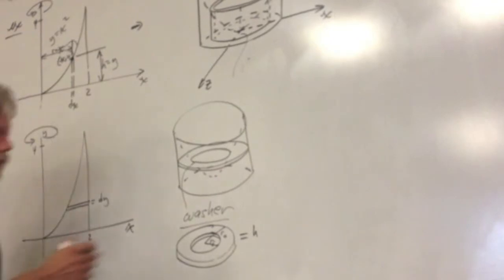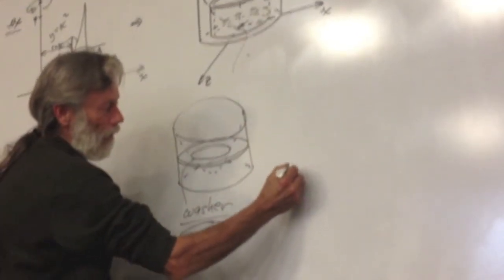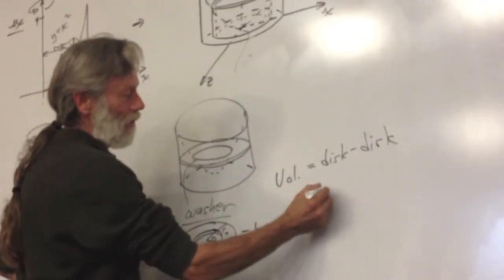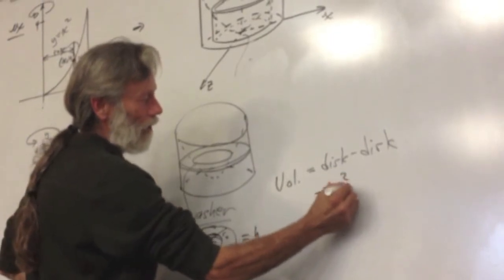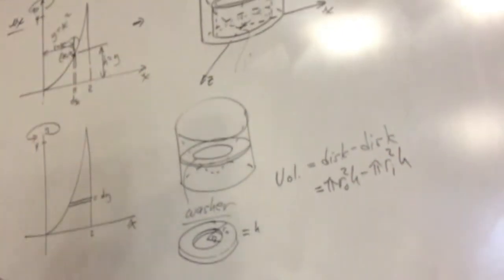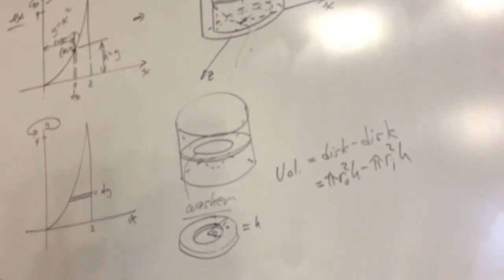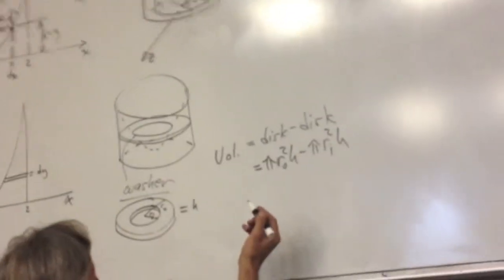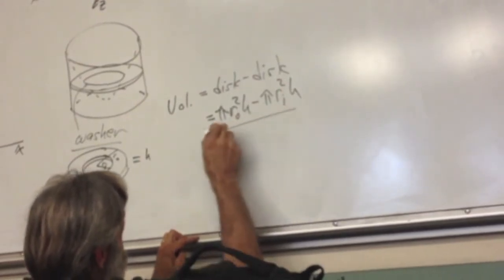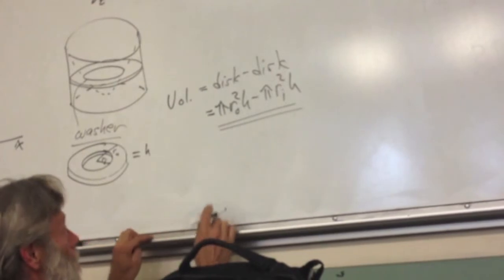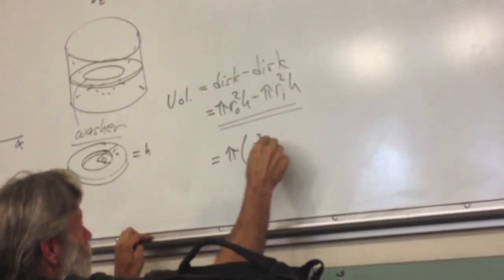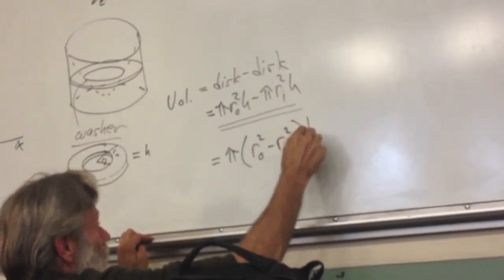When I think about the volume, if I think of it as a disk minus a disk, obviously then it's pi r outer squared h minus pi r inner squared h. It's just two disks subtracted. A lot of you should just think of it that way. Because in some circumstances, you write it as pi times r outer squared minus r inner squared, times h, which is fine.